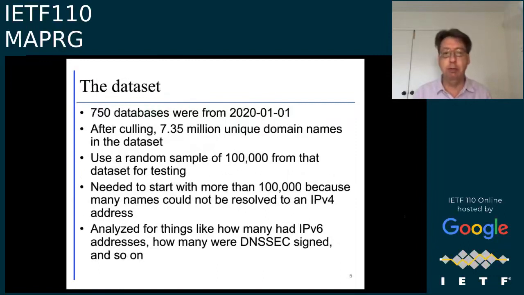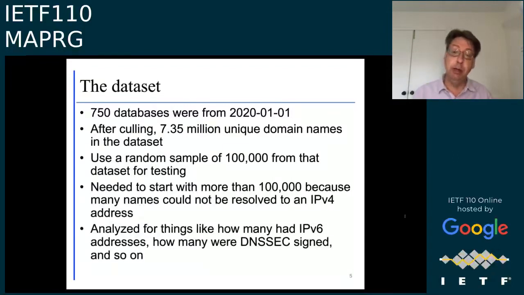After I did all of that, and I did this for January 1st, there were about 750 databases. I got about 7.35 million unique domain names from the data set, which was lovely and way more than I wanted. So I took a random sample of 100,000. The good news is, if you want millions of unique domain names to sample from, this works just great.